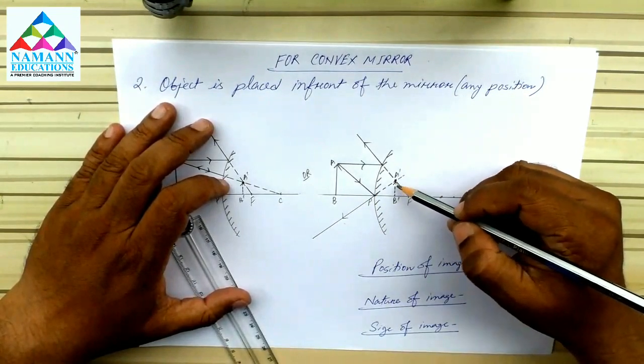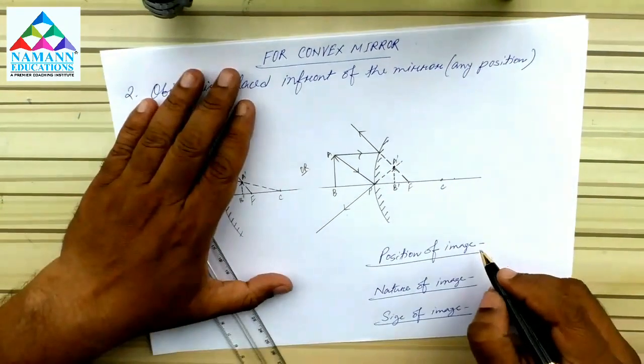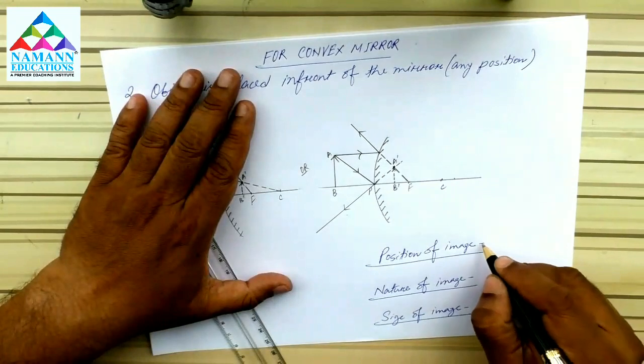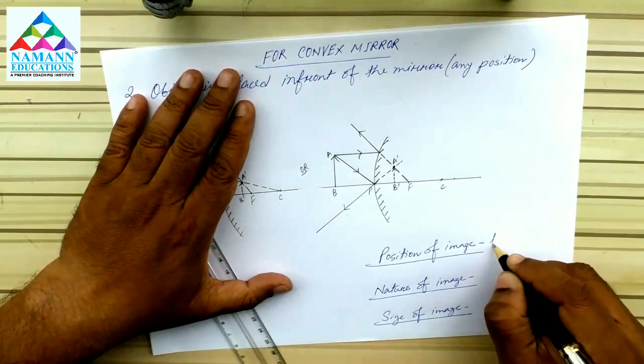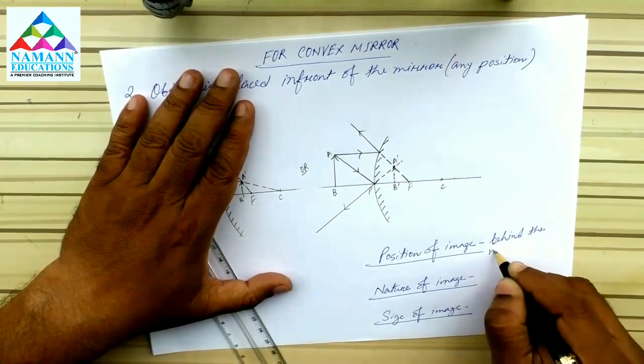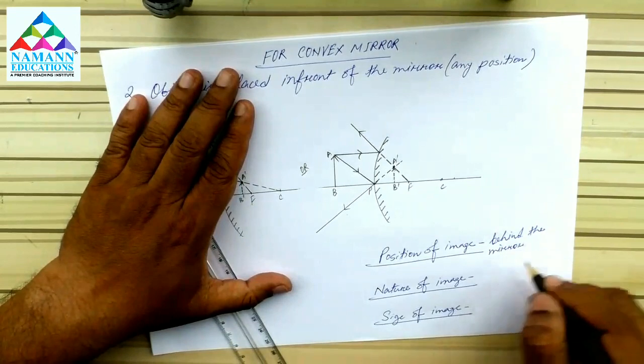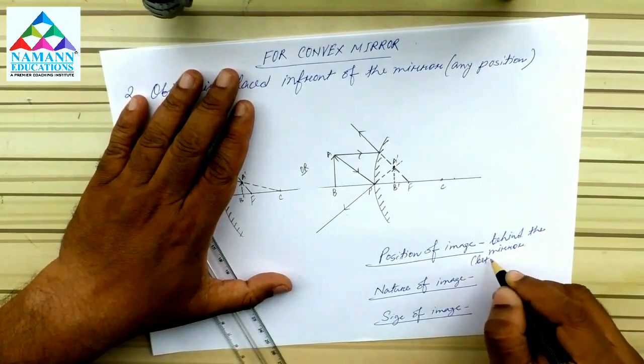So now the position of image if you write, it is behind the mirror, more properly between focus and pole.